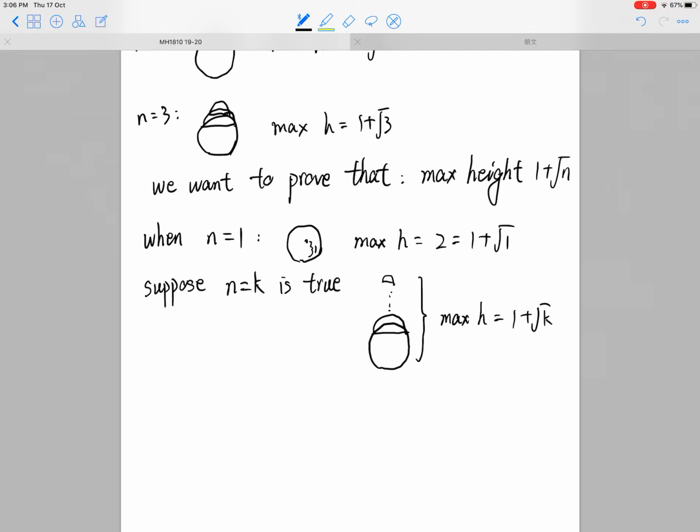Let's say this is true. Okay, this maximum height is 1 plus square root of k, and we know this part is 1, right? So this part should be square root of k. Okay, suppose this is true, then for n equals k plus 1.